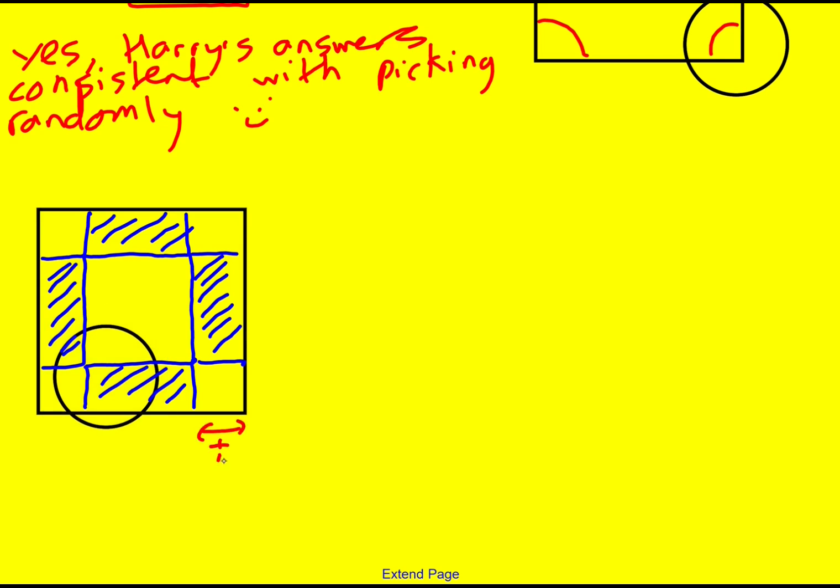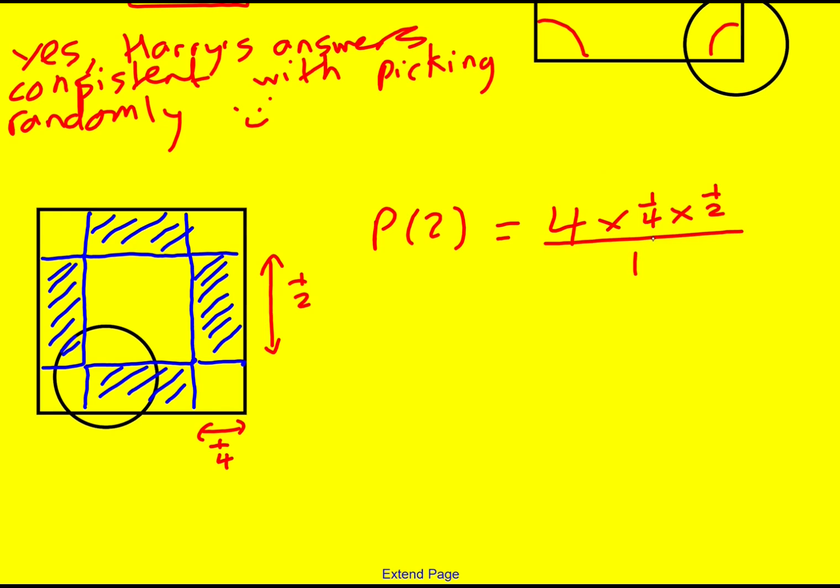This is a quarter, and this is a half. So the probability of picking 2 randomly is going to be 4 lots of a quarter times a half divided by 1. Actually, this gives an answer of a half.